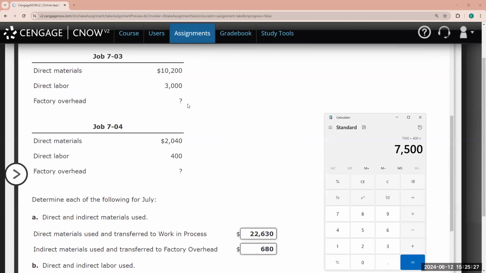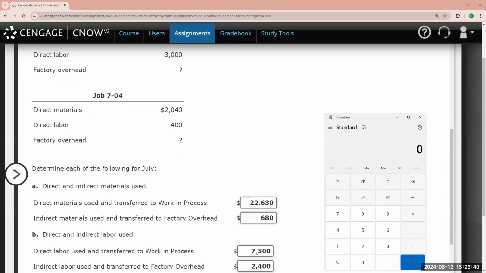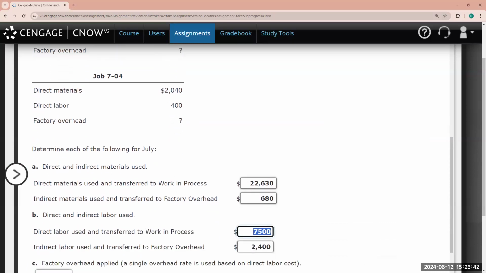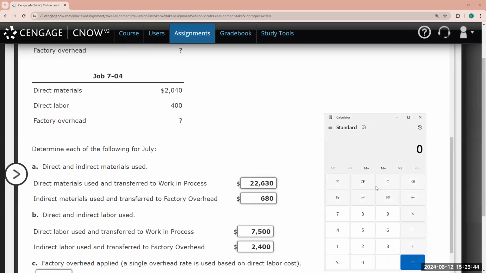We can go back and, for job 3, multiply 3,000 by 55%, and multiply 400 by 55%. But an easier way is, we just calculated our total direct labor, and we know that our factory overhead is 55% of our direct labor.